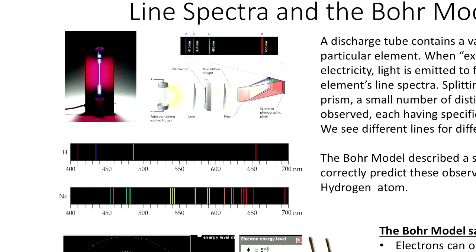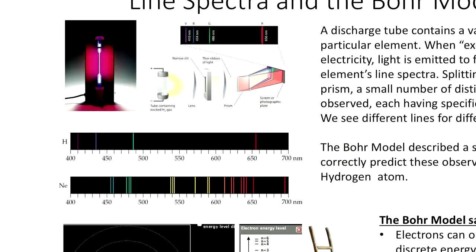And what they found is that different elements, depending on what gas was inside this tube, would show different colors, but it wasn't a continuous color of the rainbow. No, if you looked at the light from this discharge tube sent through a prism, only certain lines of the visible spectrum were seen.